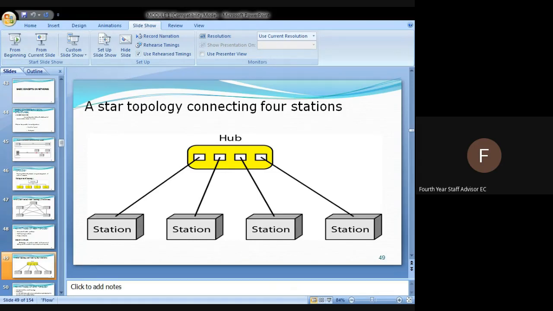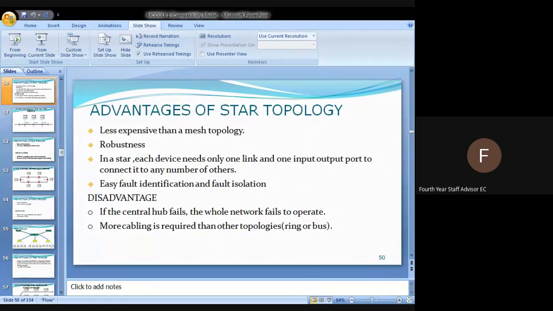So the controller acts as an exchange. If one wants to transmit a message, it will send directly to that hub, and then from there it will be relayed. Okay. Now what are the advantages and disadvantages of this star topology?